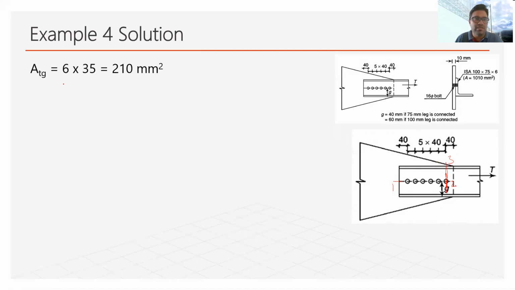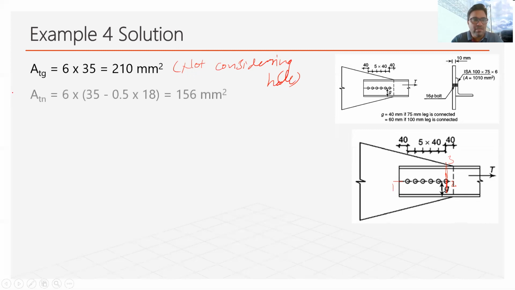So in case of ATG we are not considering hole. And in case of ATN, in this case you can see half hole is considered because the line 2, 3 is passing through the half of the last hole. So along that line half hole area is deducted.